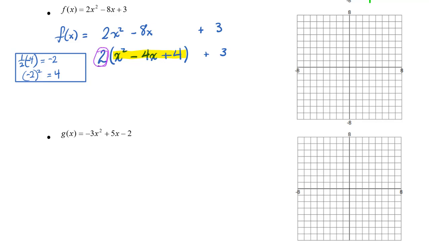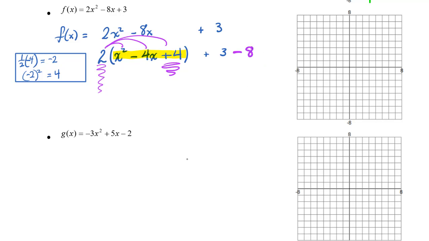This 2 out front is representing a factor that we pulled out of the grouping in parentheses. So technically, if we were to distribute that 2 back in, we would have 2x squared minus 8x plus 8. So I can't just add 2 times 4 without undoing that addition, meaning I also have to subtract 8.